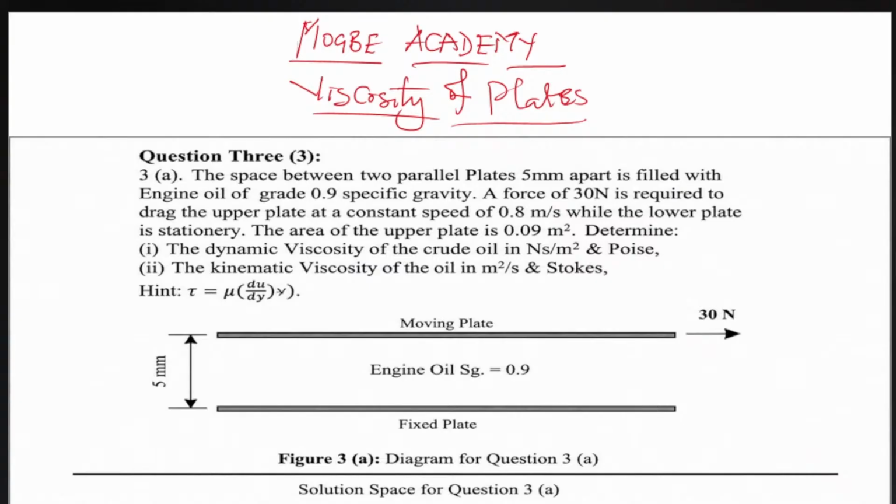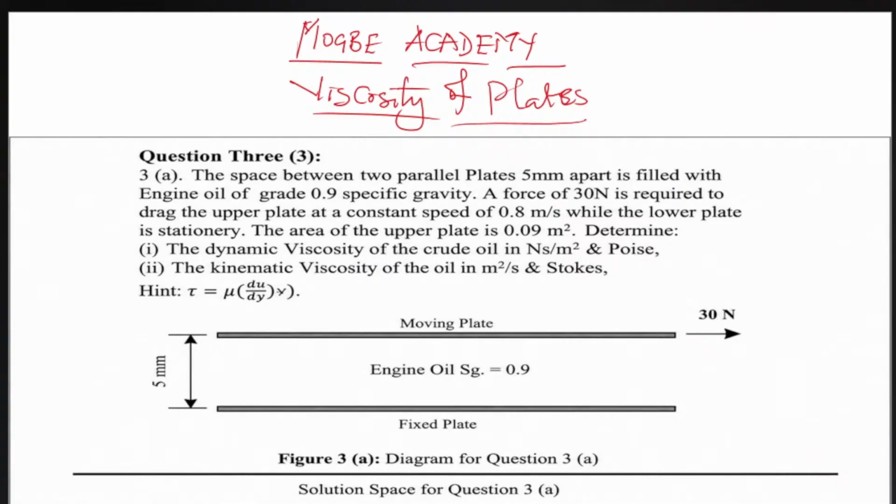So if you've gone through the videos for Newtonian and non-Newtonian fluids, you should be familiar with this equation. Are we together? From this equation, you can make your U, which is dynamic viscosity, stand alone by dividing both sides by your velocity gradient.